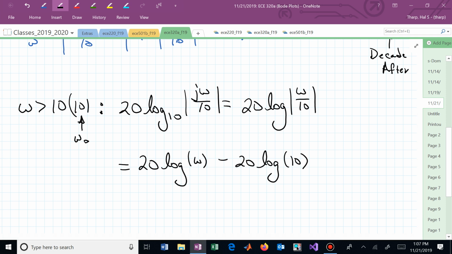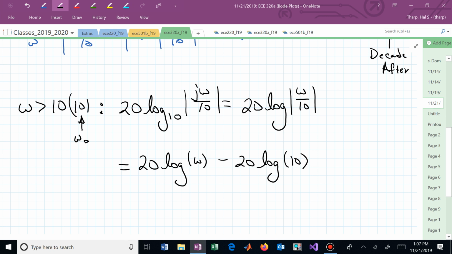And now do you see you have a constant piece and a piece that varies with log of omega? And what are we sketching this with respect to? What's our x? Log of omega. And I didn't show it, but before this is that negative sign. So this term really has a minus 20 log of omega. We're sloping at minus 20 log of omega, or minus 20x.